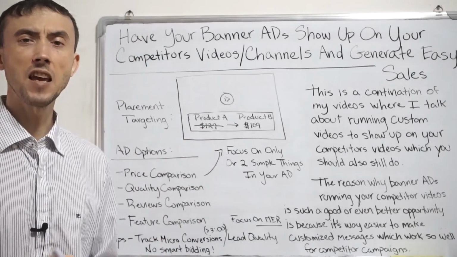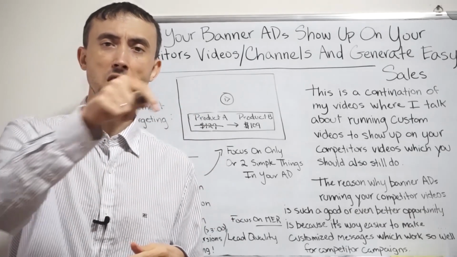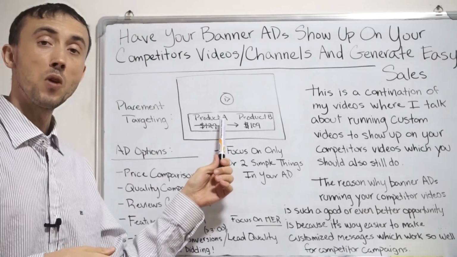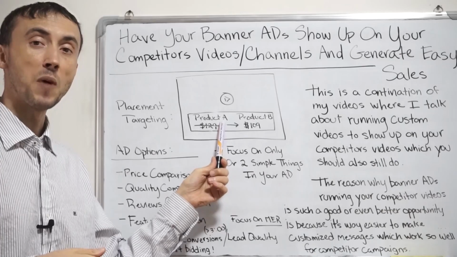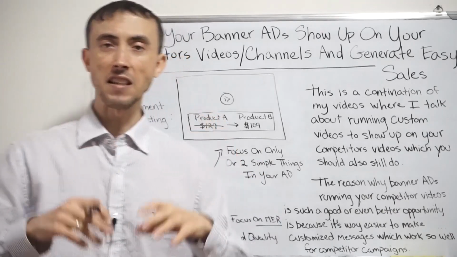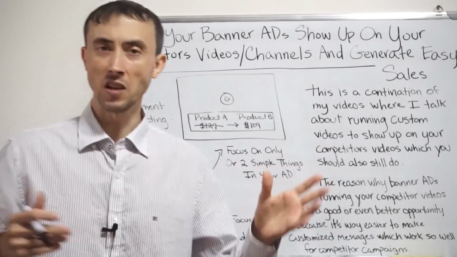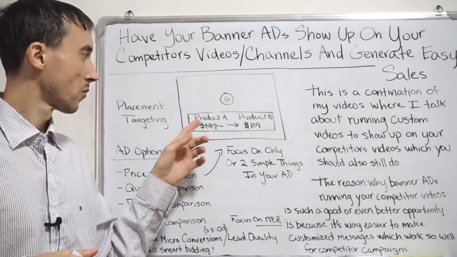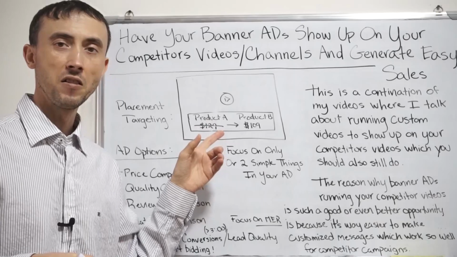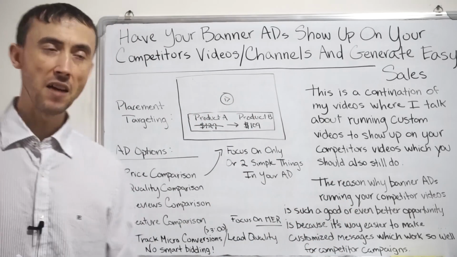You can do that same thing, making a custom ad and a custom message for every competitor that you have, including when you're doing banner advertising on these videos. It's easy to just make another banner ad. That's simple. Making a whole other video for every single competitor takes way more time. So if you really want this to work, you've got to make a custom ad for every competitor, but it's not that much work to do it on the banner ad.